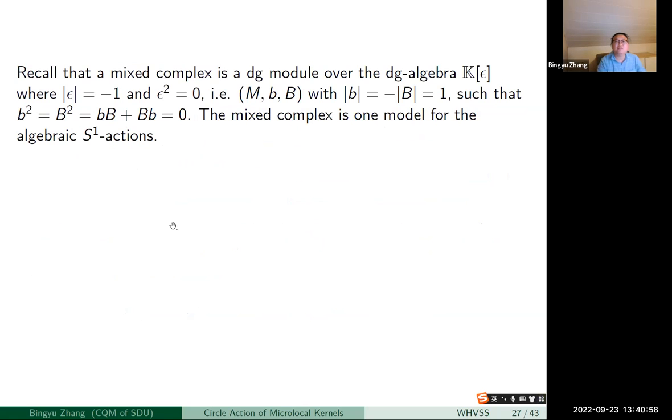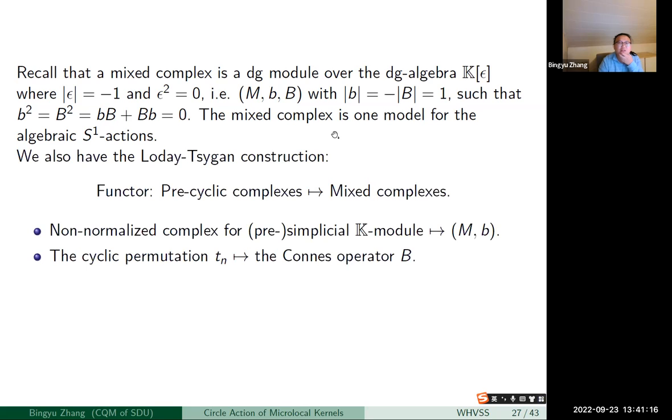Now the next things are more or less routine. If we consider a mixed complex, a DG module over this DG algebra, it is one model for algebraic S1 actions.